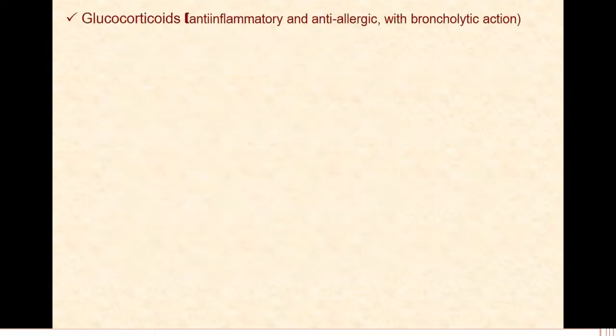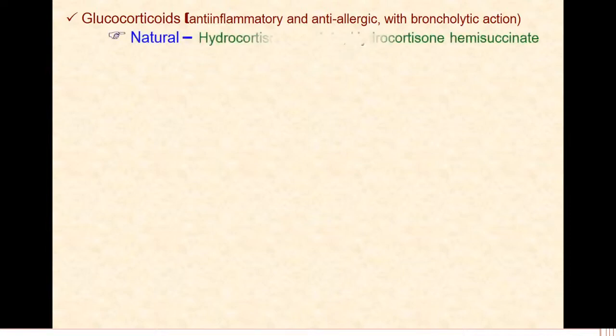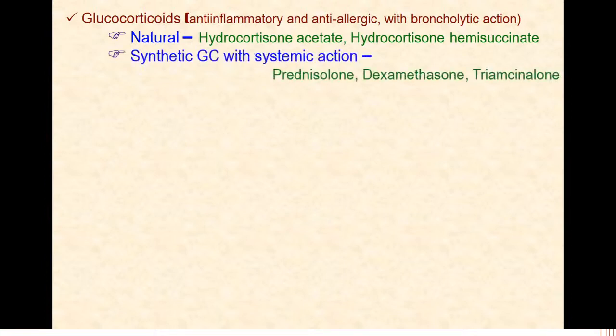Next, glucocorticoids. One of the most effective, the strongest agents with anti-inflammatory and anti-allergic activity are preparations of glucocorticoid hormones. We distinguish preparations of natural hormones, hydrocortisone acetate, hydrocortisone hemisuccinate, and synthetic analogs.